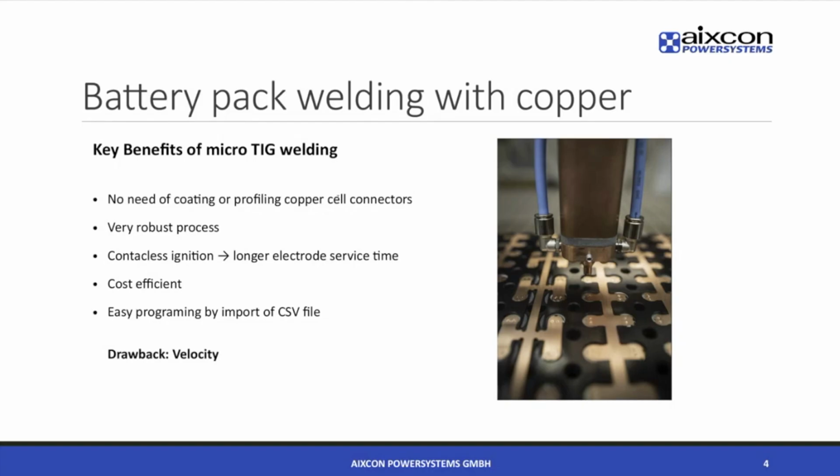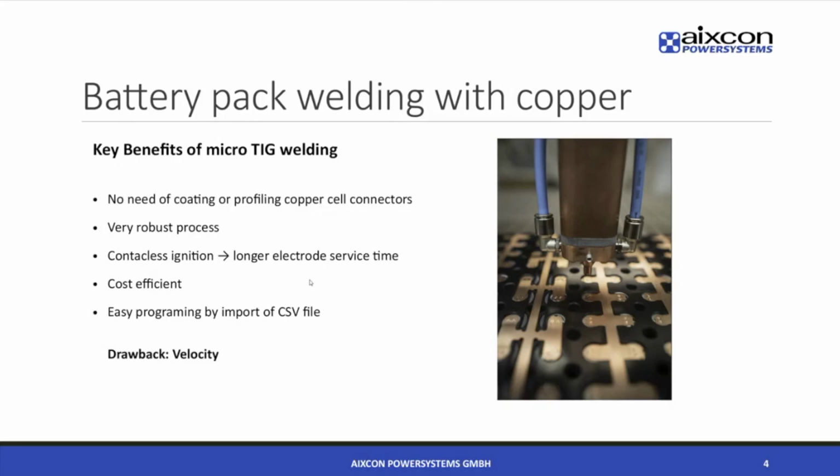The key benefits of the process are that you don't need any coating or profiling of the copper cell connectors. The process is very robust. We have a contactless ignition, so the service life of the electrode is pretty long. The system is cost efficient, and it can be easily programmed by just importing a CSV file.